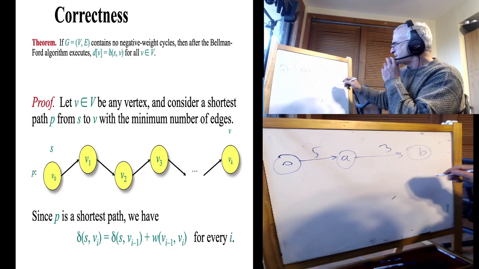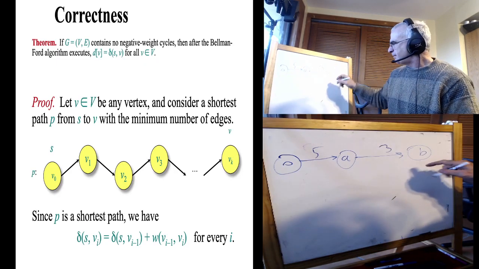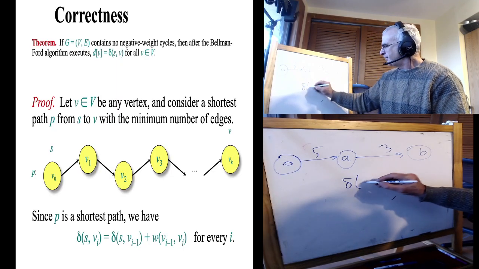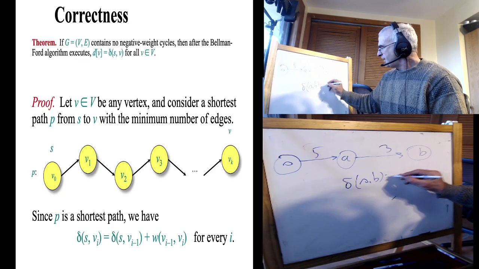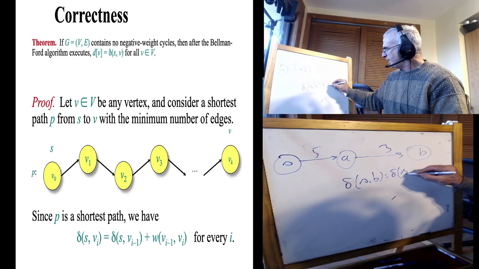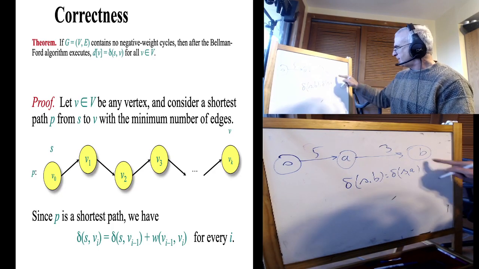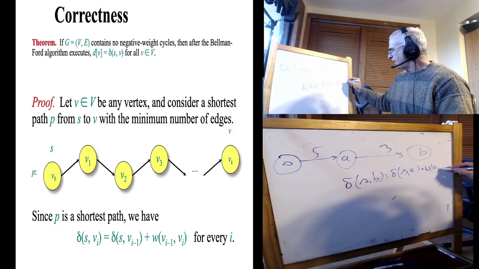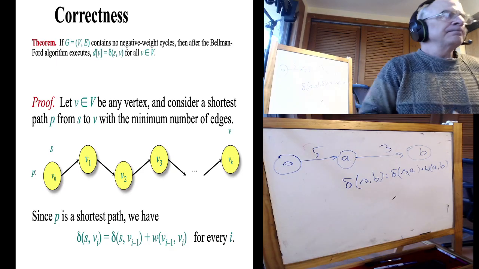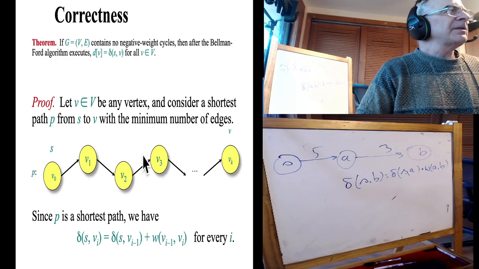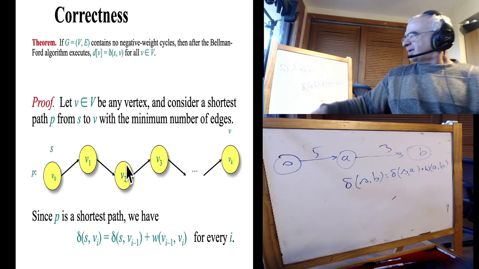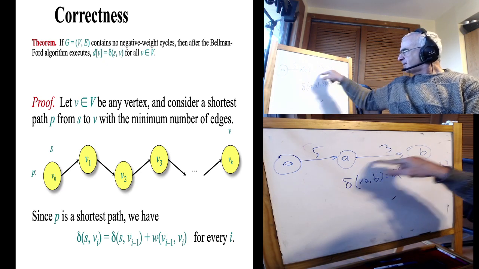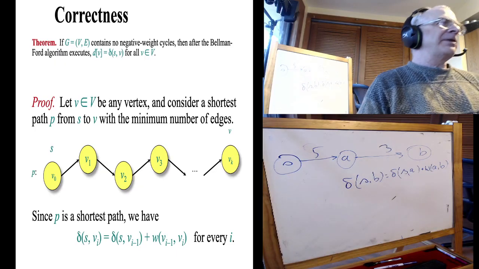If this is the optimal path from S to B, then delta from S to B is delta from S to A, because A is a predecessor of B along this path, plus the weight from A to B. So that's just what happens along this path. The distance to each vertex is the distance to the previous vertex plus the length of the edge connecting them.